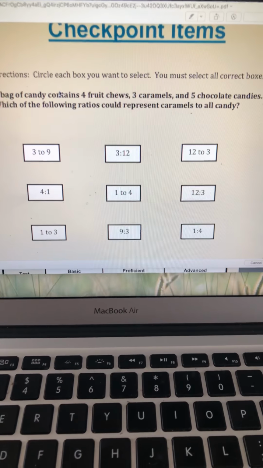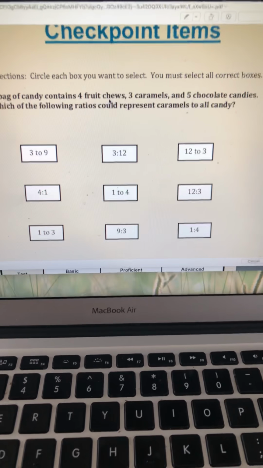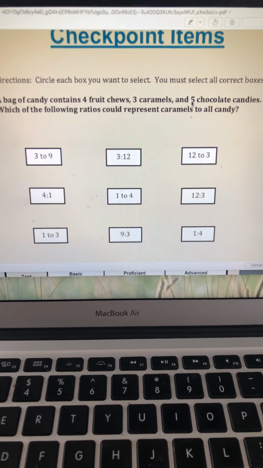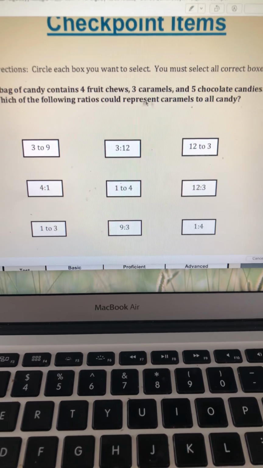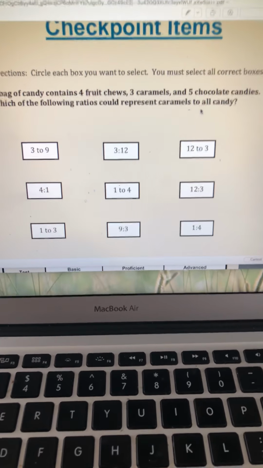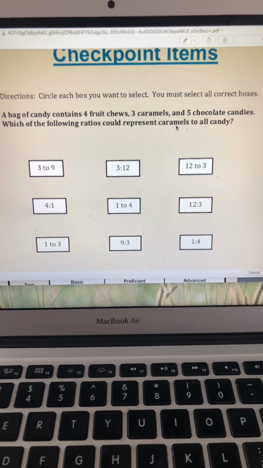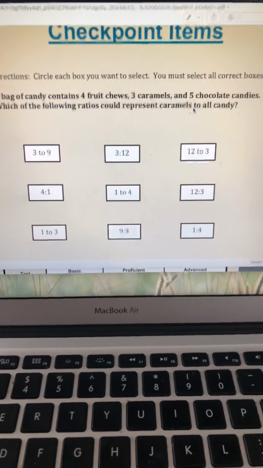So here we have a bag of candy that contains 4 fruit chews, 3 caramels, 5 chocolate candies. Which of the following ratios could represent caramels to all candy? Therefore, we have to be careful in what order we are picking. We are looking at caramels to all of the candy.